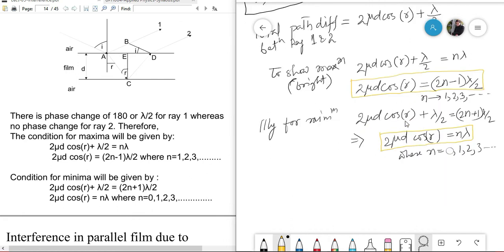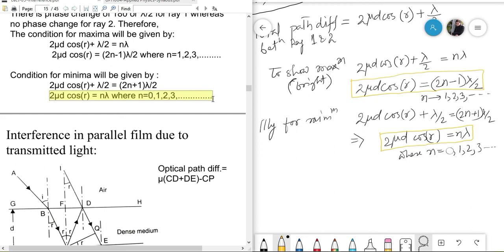Now, these are the two conditions that one has to remember for getting maxima or minima in case of interference due to a parallel thin film of thickness d and refractive index mu, where r represents the refraction angle, which is again related to the incident angle, and lambda being the wavelength of the light that was used for the interference.